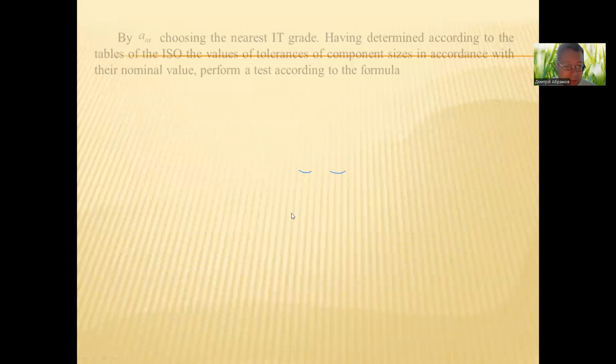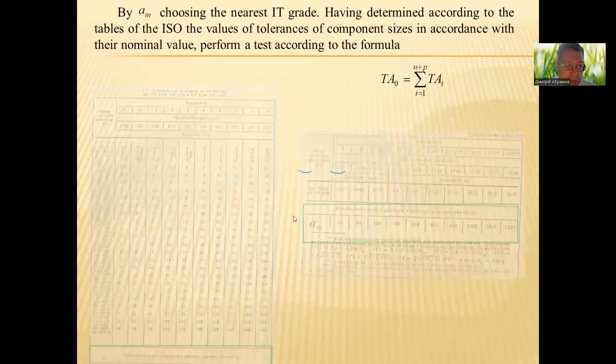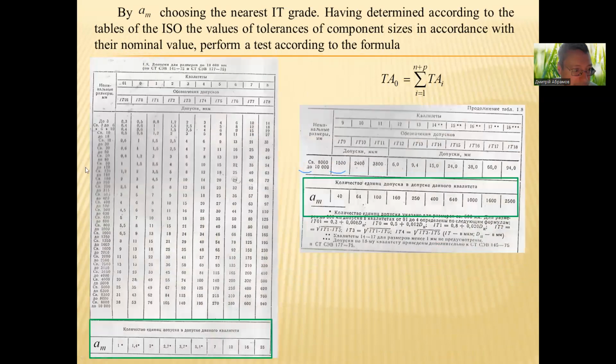For 96 millimeters, we use the interval from 80 to 120 millimeters. So d minimum will be equal to 80 millimeters and d maximum will be equal to 120 millimeters.